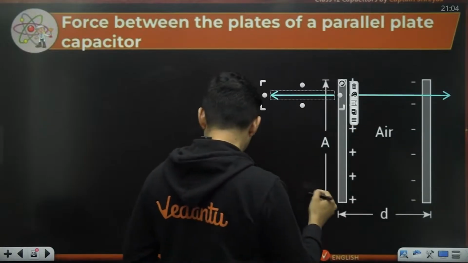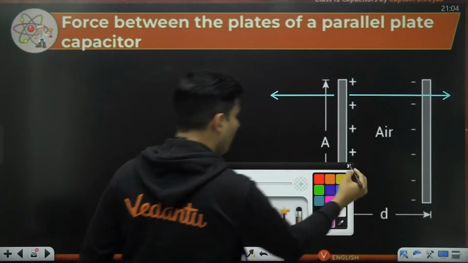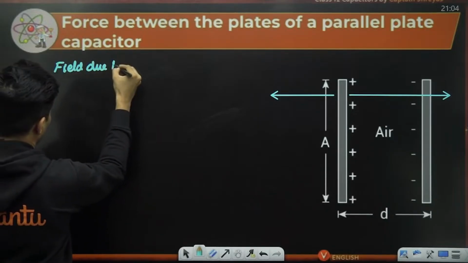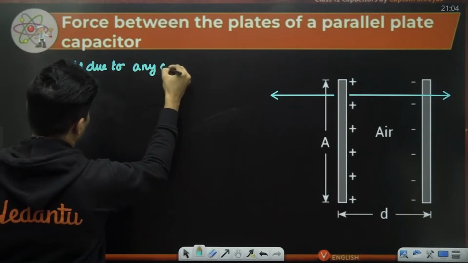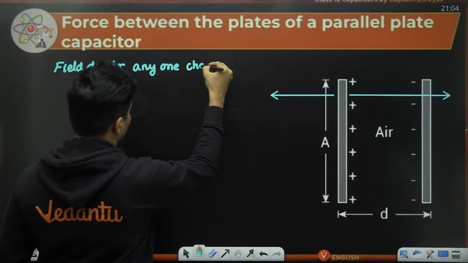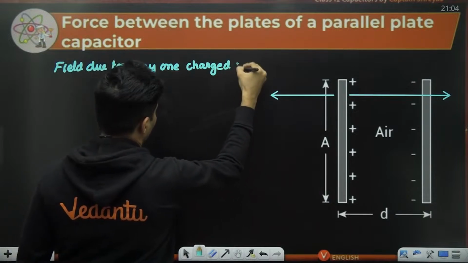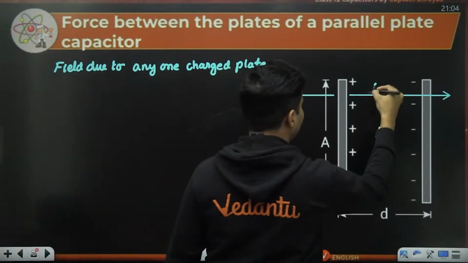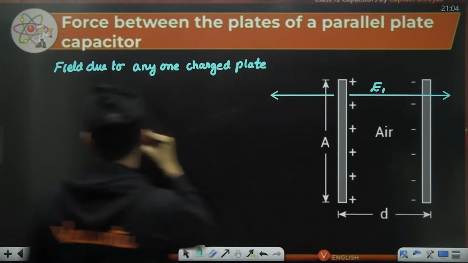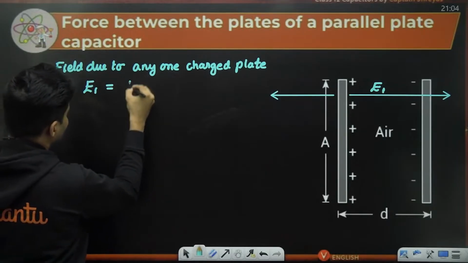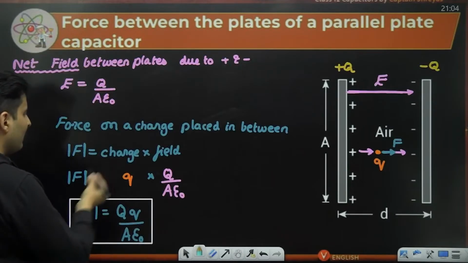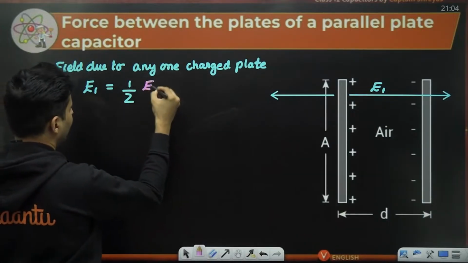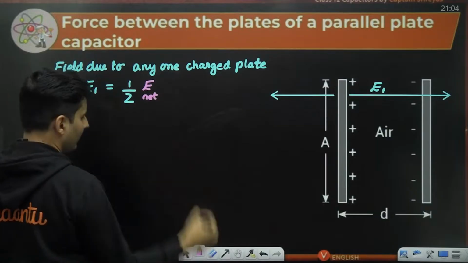So the field due to any one charged plate, if that is E1, that particular E1 will be exactly half of that net electric field which is there.